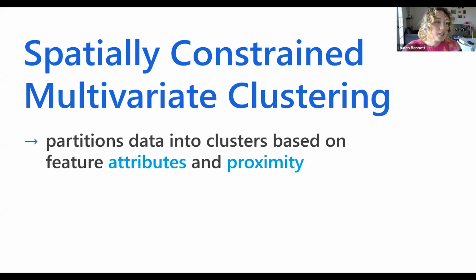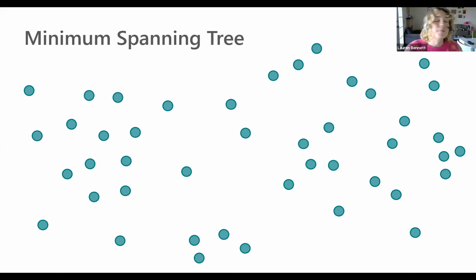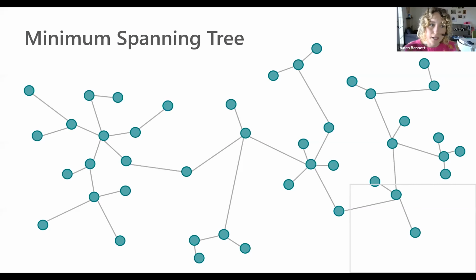So the spatially constrained multivariate clustering tool is based off of an algorithm that's called SKATER. And it similarly is going to use attribute values to cluster features, but it also has proximity constraints. So the way that the method works is it builds a minimum spanning tree.